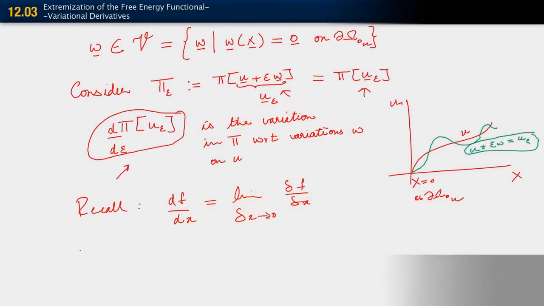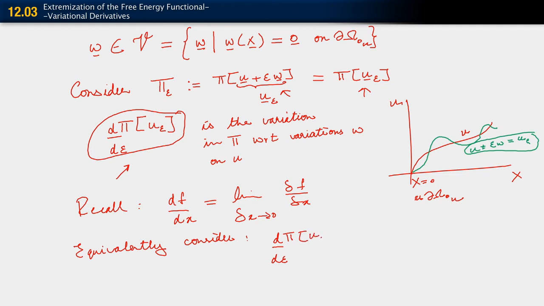Okay? So what we want to do here is equivalently consider the derivative with respect to epsilon of pi evaluated at u sub epsilon, right? And in general, we are looking at vectors, though my example here is 1D, just to help me draw it. So we've introduced the idea of taking this derivative with respect to epsilon, but then we just want to set epsilon equals 0.